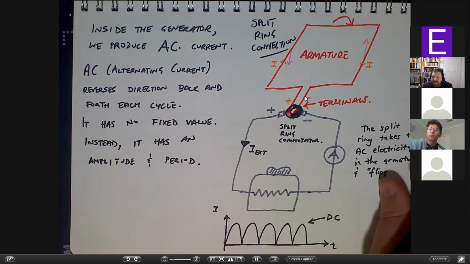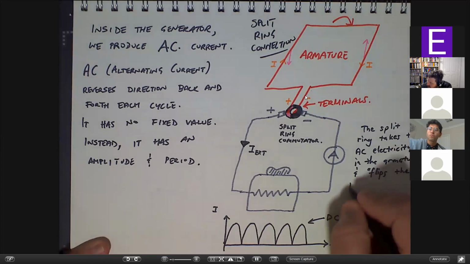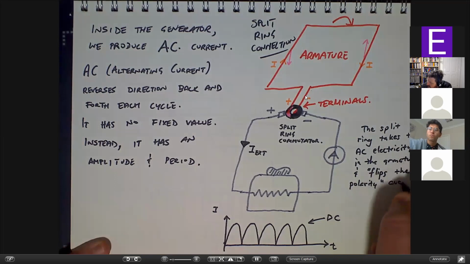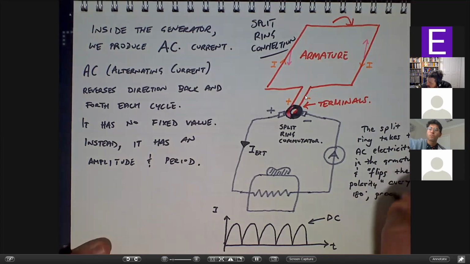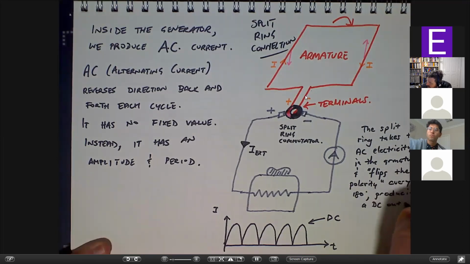So you often see words like flips and switches and stuff like that, and I don't really have a good technical terminology for it. But in the armature and flips the direction, or flips the polarity maybe, flips the polarity every 180 degrees, producing a DC output.